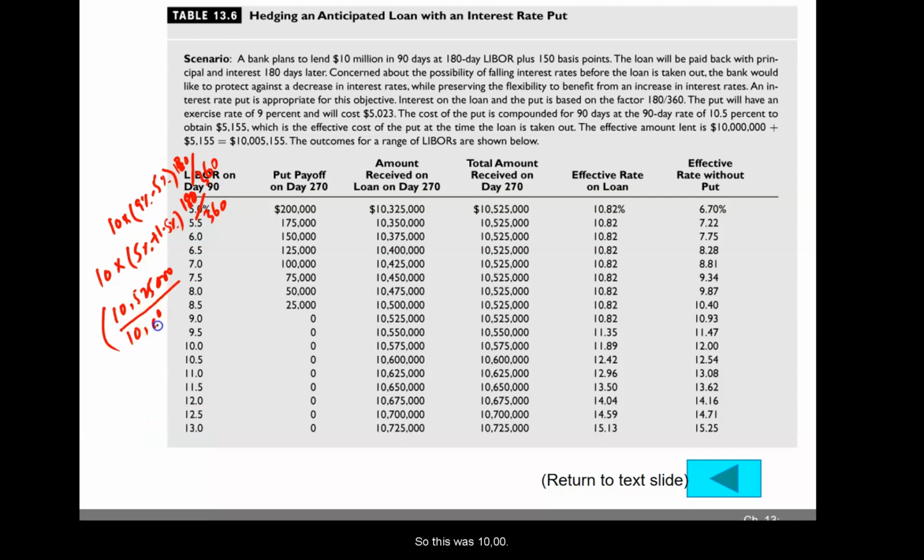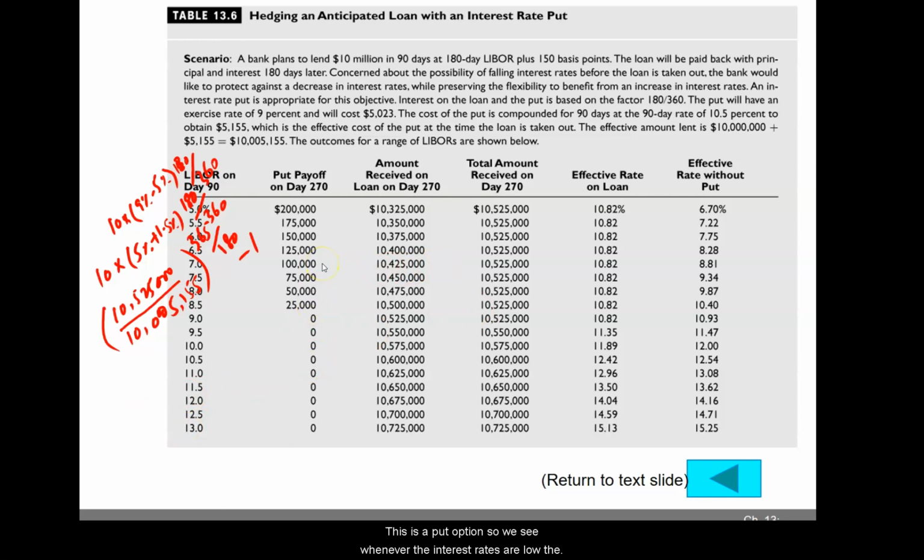So this was 1 + 0.005155 raised to the power 365 divided by 180, minus 1. So that should be approximately equal to 10.82%. Similar calculations can be done again for the other rates.